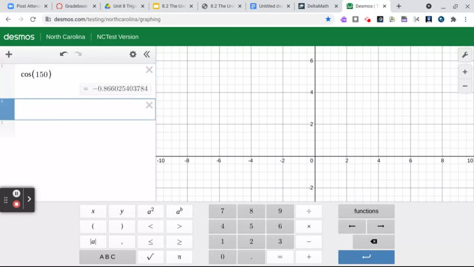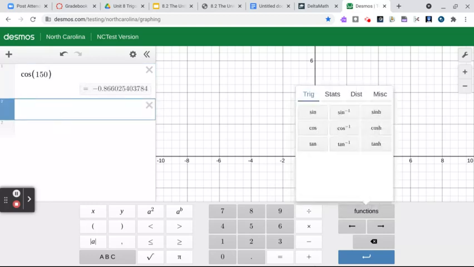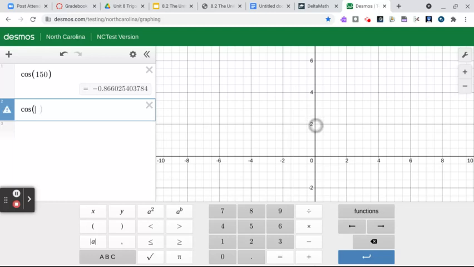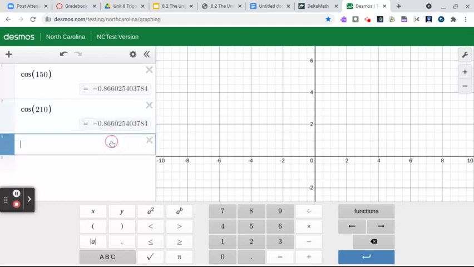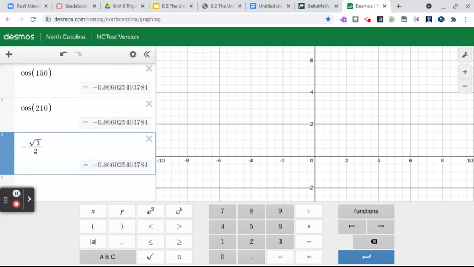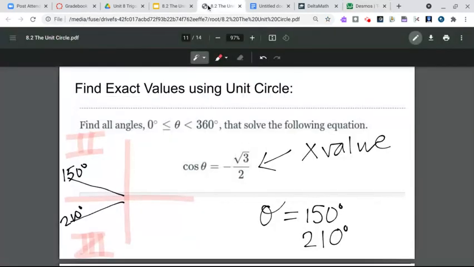Okay, and I'm going to do cosine 210. Okay, look how they're the same. See, they're the same decimal. And now watch this. Negative root 3 over 2, same exact decimal. So at 150 and 210 degrees, the exact value would be negative root 3 over 2. So basically, you're going backwards.